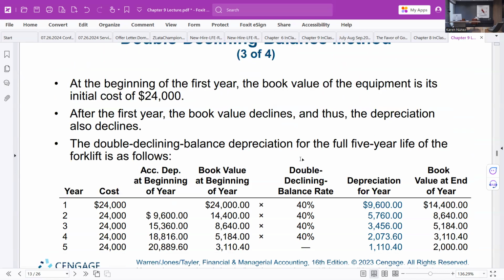So again, in this case, if we've got an asset that has a 5-year life, then the straight line rate, and I'm going to abbreviate here, S/L, the straight line rate is just going to equal 100% divided by the estimated useful life.